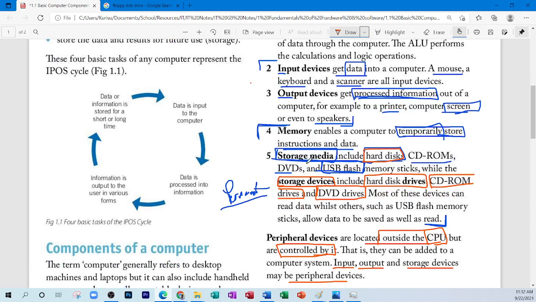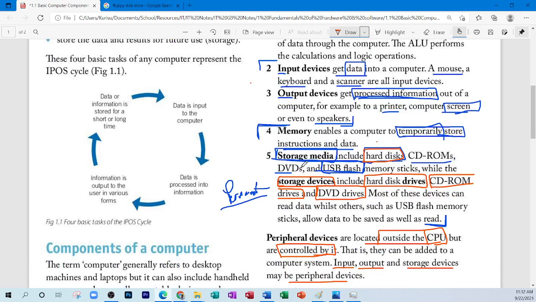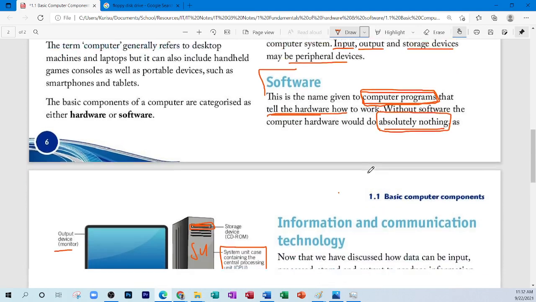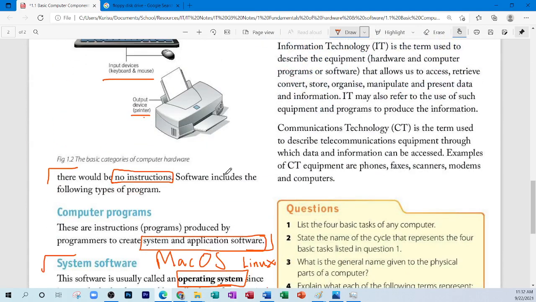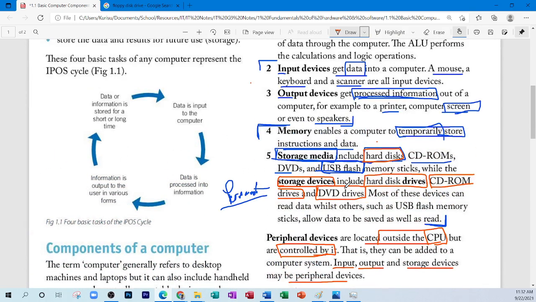Memory is temporary storage on your computer. And please remember the difference between storage media and storage devices. Yes, I'll be posting the recording. A peripheral device is any device that is outside of the CPU. And then we looked at software. We're going to continue from software next week.